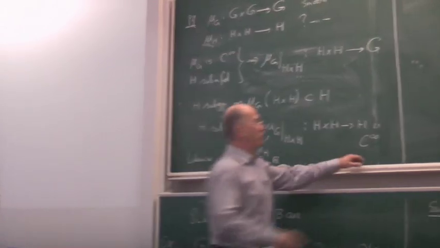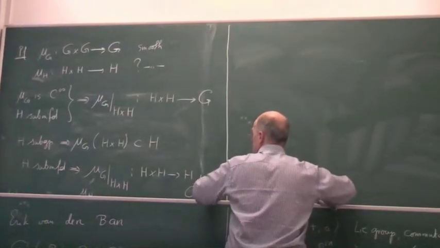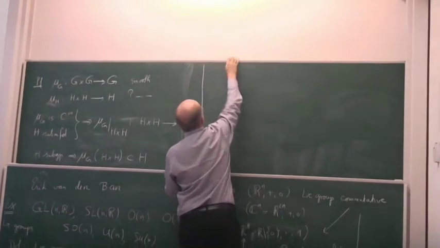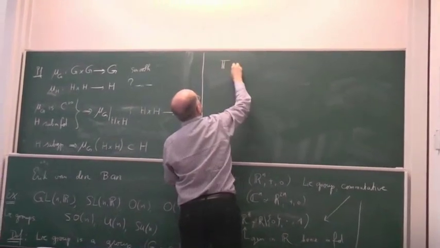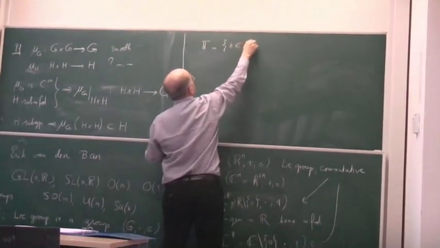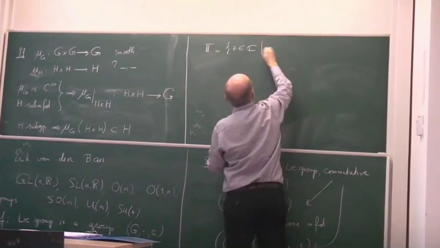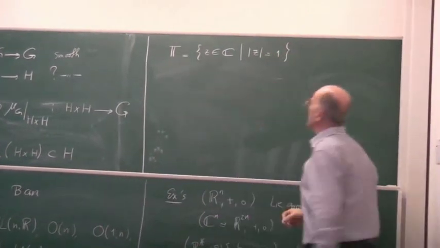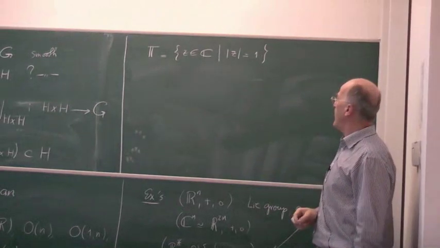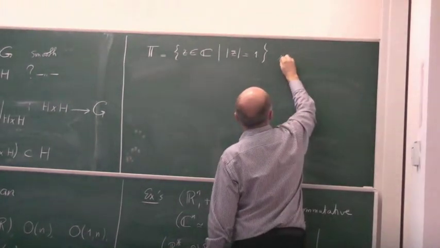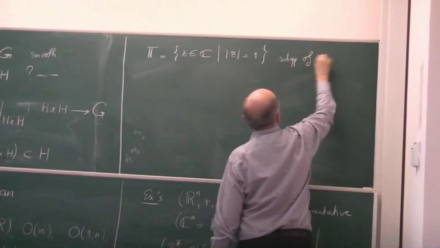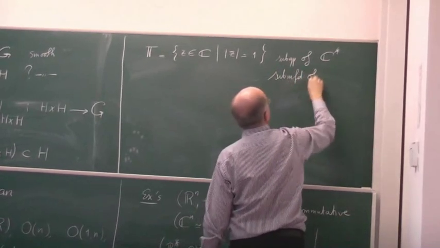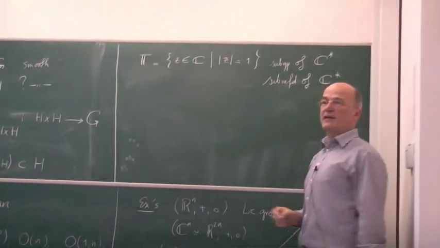Application: look at the circle group T, consisting of complex numbers of modulus 1, so the unit circle in the complex plane. This is a subgroup of C star, and clearly it is a submanifold of C star as well, and therefore it's a Lie group in its own right.